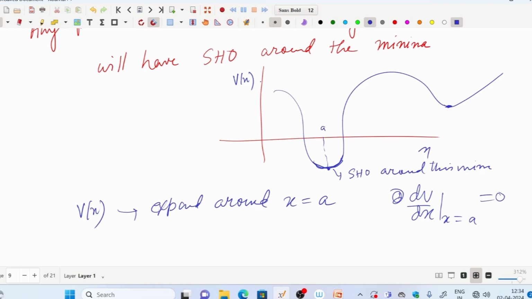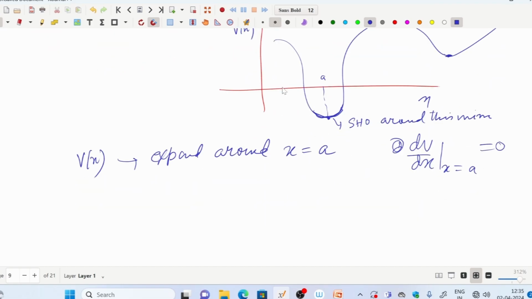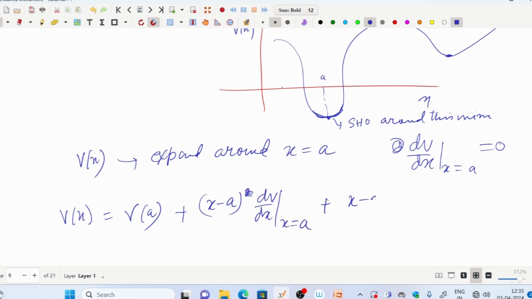If we expand this in a Taylor series, you will get V(x) equal to V(a) plus (x minus a) times dV/dx at x equal to a, plus (x minus a) whole square by 2 times d2V/dx square at x equal to a, and higher order terms.